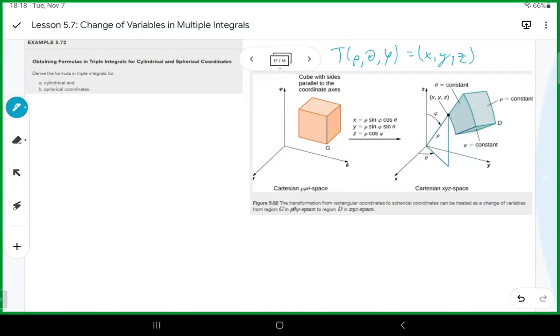So then we also know that x is going to equal rho sine, nope, not theta, sorry. Rho cosine theta.